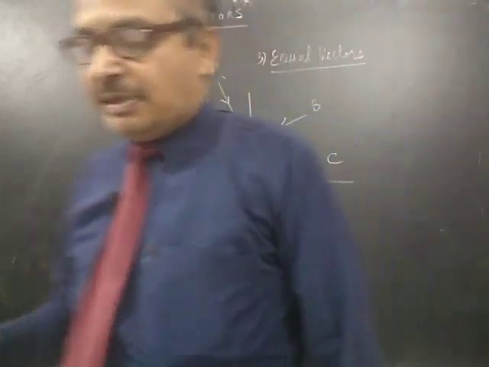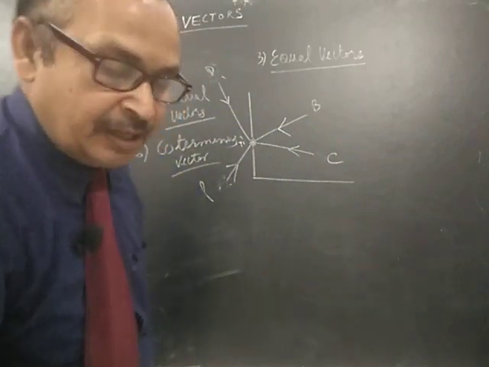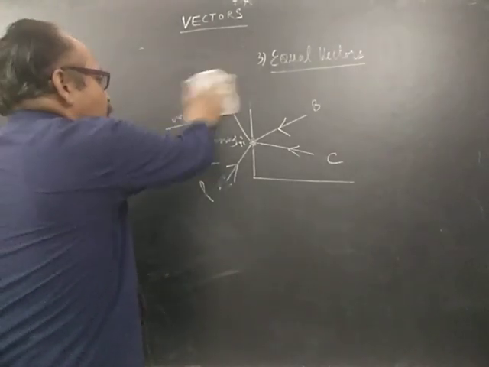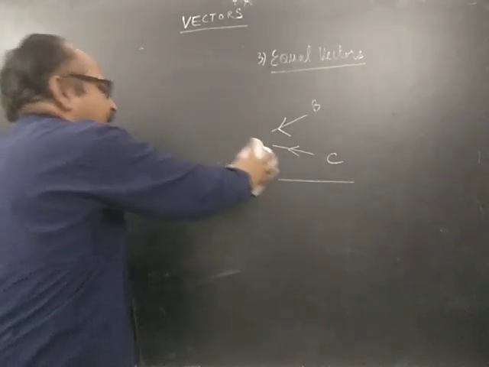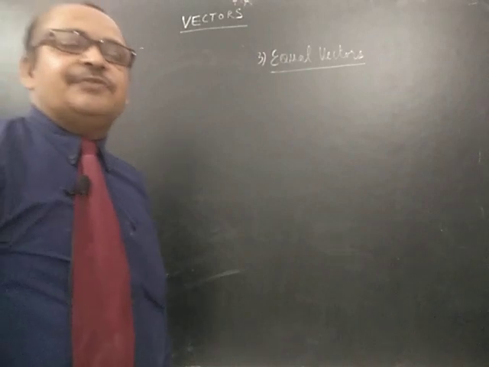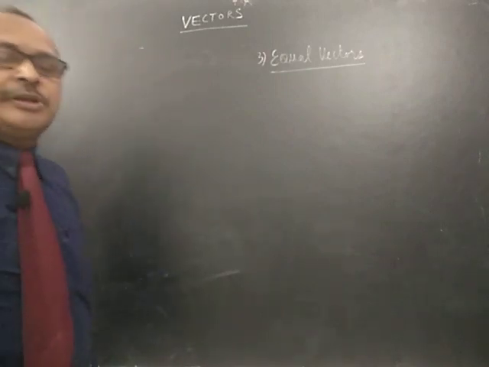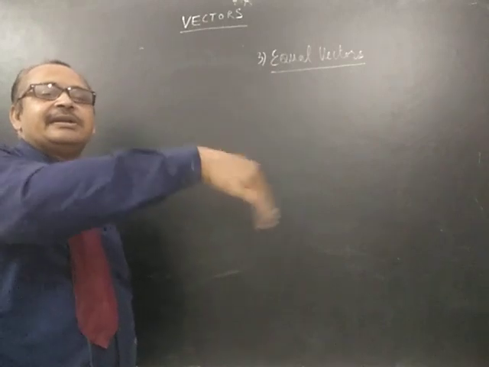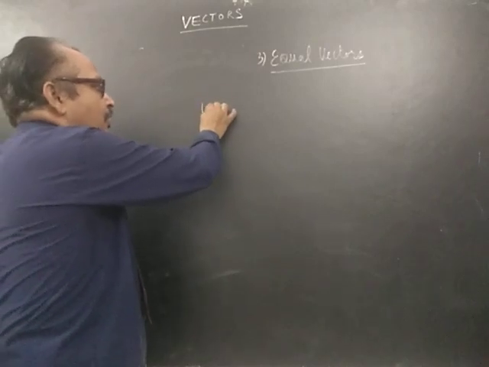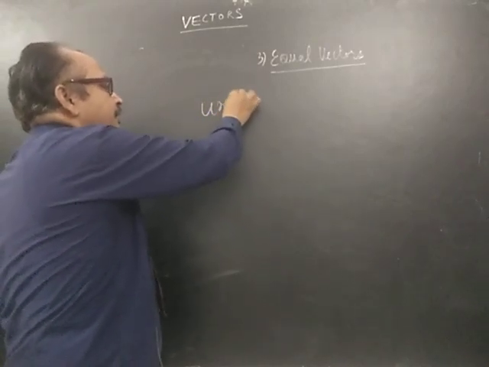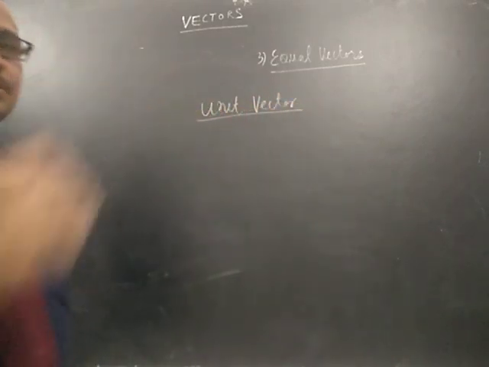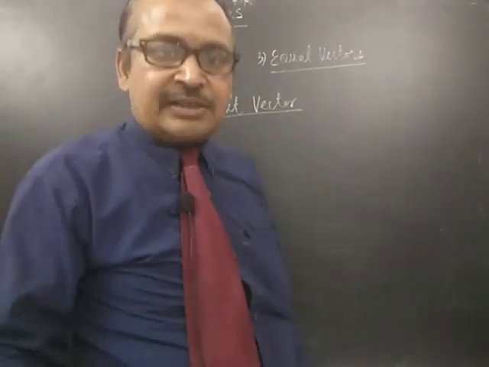And the last but not the least for today is another type of vector which we will be using again and again and again. Its definition is not so important, but this particular type of vector will be used again and again, and that is called unit vector. That means the unit of the vector?